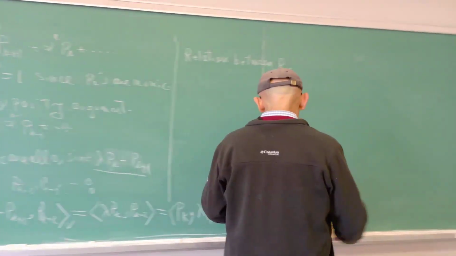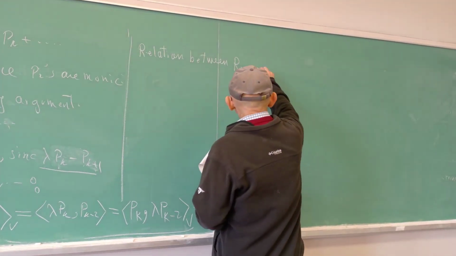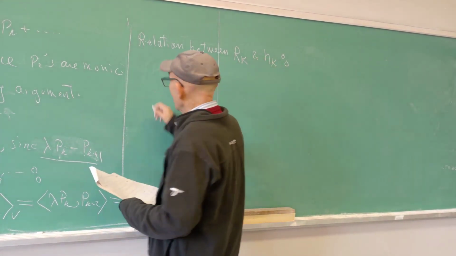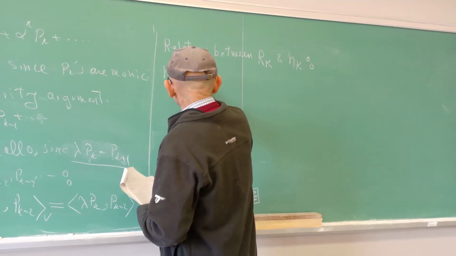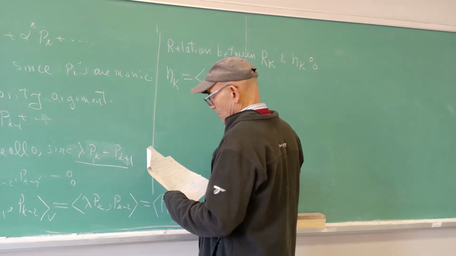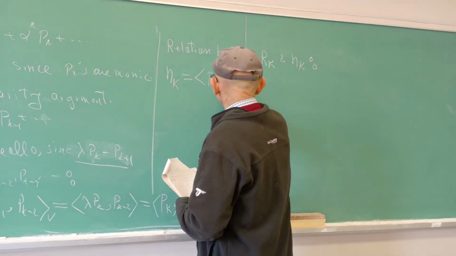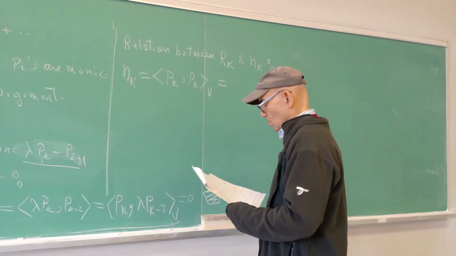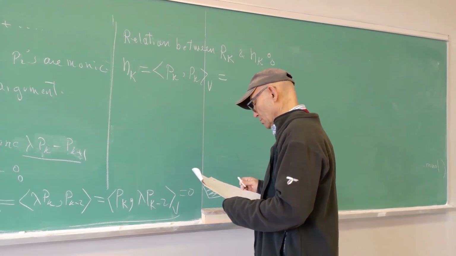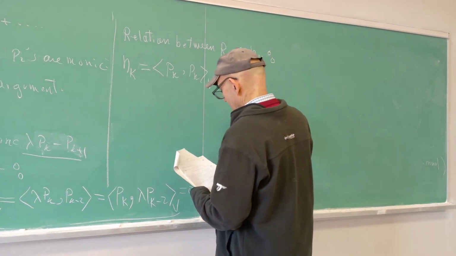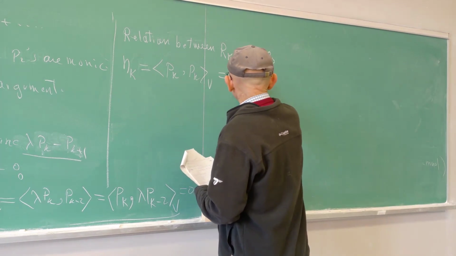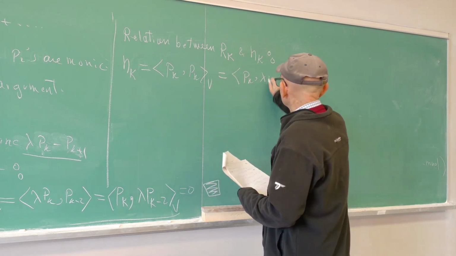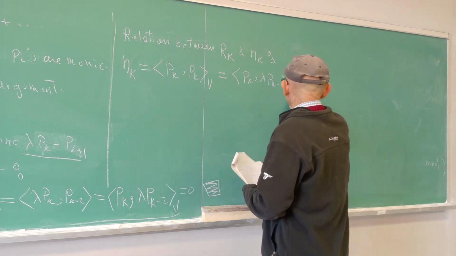There's a relationship between rk and hk. In fact, hk is simply the inner product defined to be pk with pk, which is equal to pk and lambda pk minus 1.